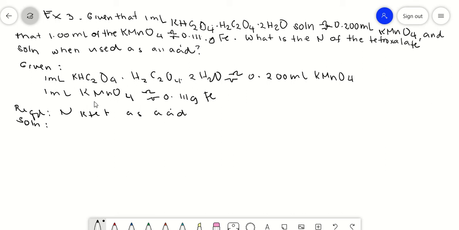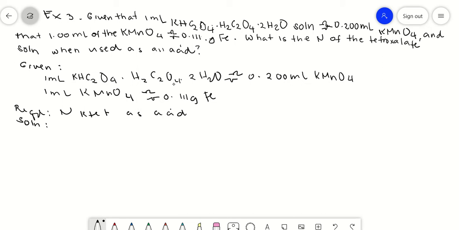However, we are given in the second analysis from a previous analysis that 1 ml of potassium permanganate is equivalent to 0.11 gram of iron. So we can now determine the normality of potassium permanganate from this analysis. First, we determine the normality of potassium permanganate to solve for the normality of potassium tetroxalate.